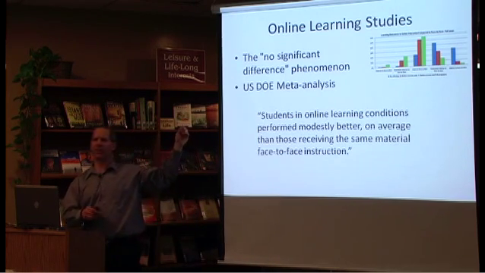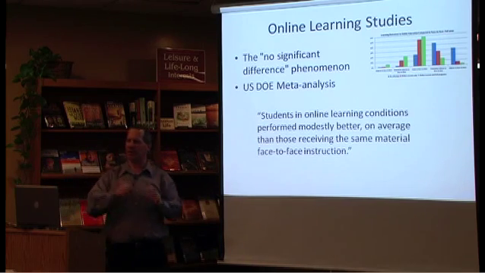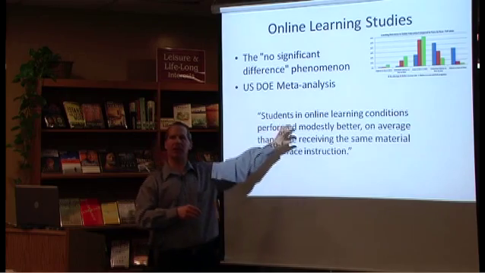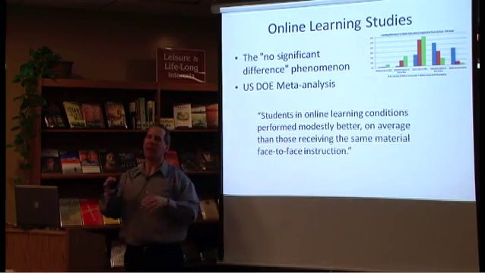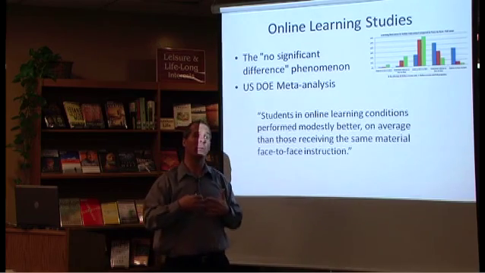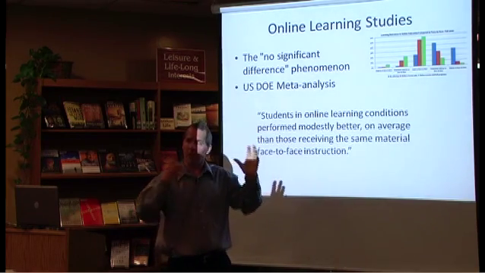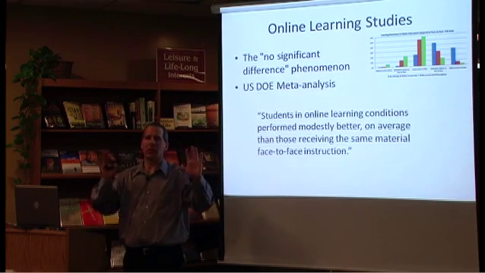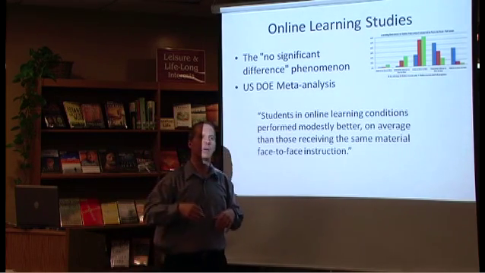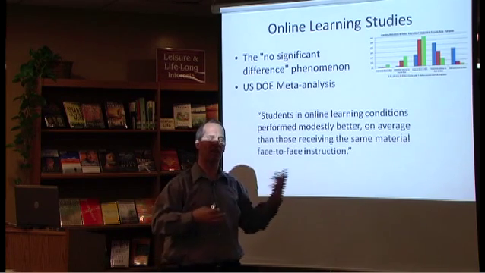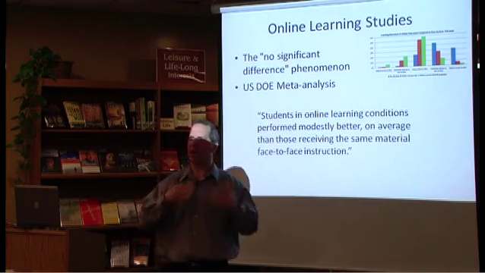The no significant difference folks reference this, and some of their comments are, yeah, it's modestly better, but it's probably the same, and the modestly better is a result of things like, when you move a discussion from face-to-face to online, you can't say that's totally equivalent, because now that it's online, students can think longer, they can access resources, they can go back to it and look at it over and over again.